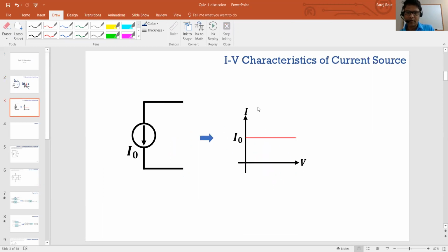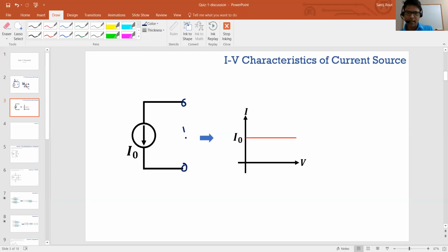So that's the ideal voltage source, and the same goes for an ideal current source. If I give you an ideal current source like this, you put it in your circuit.